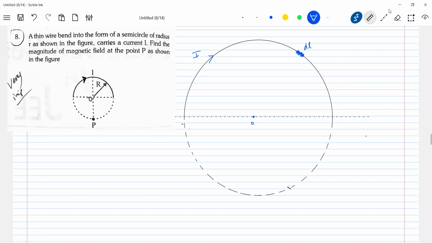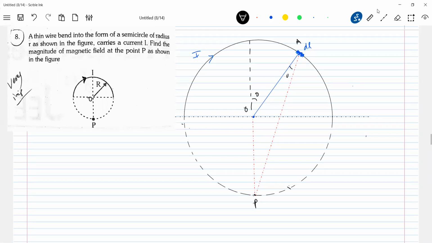This distance is equal to r, but he's asking something at point P. So let this be the point P. Where I picked up the current element, let it be A. So here, this is theta.